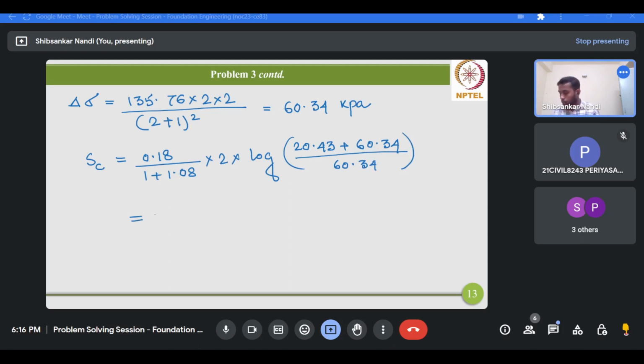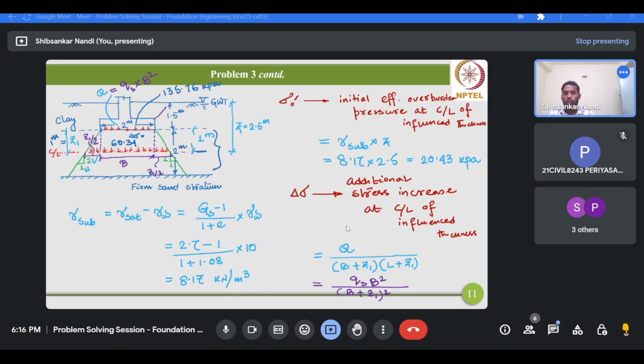So after calculation, this would be 0.103 meter, 103 millimeters. So this much settlement we will expect due to the application of this load.